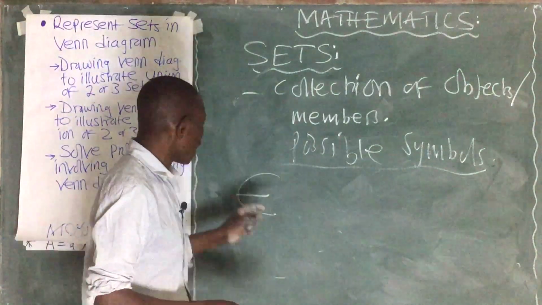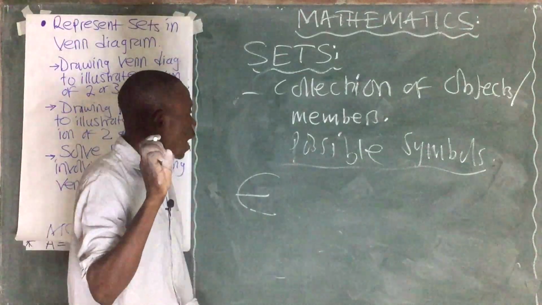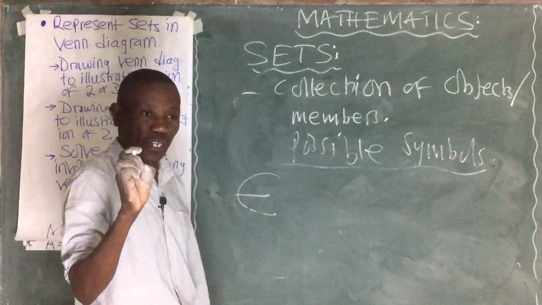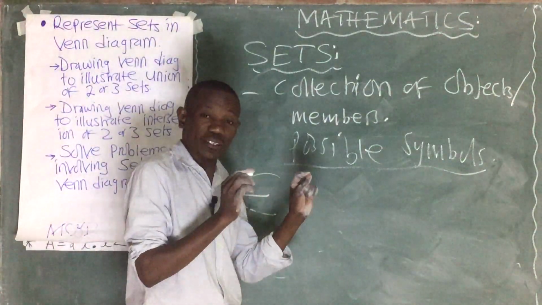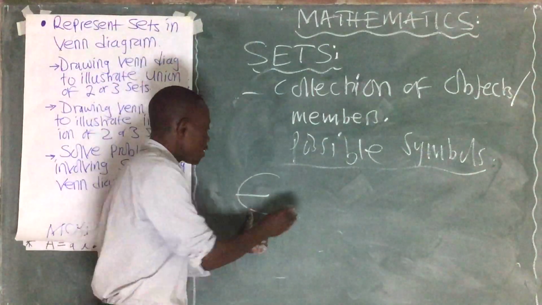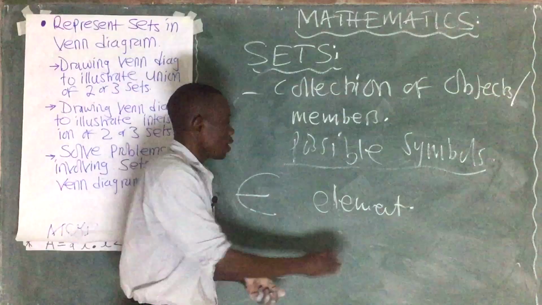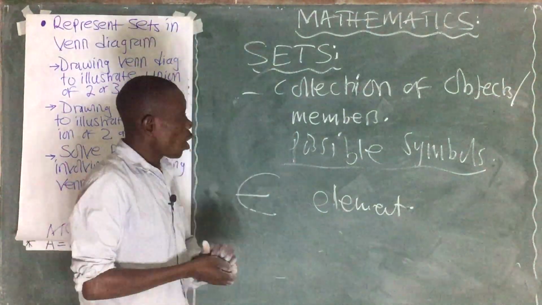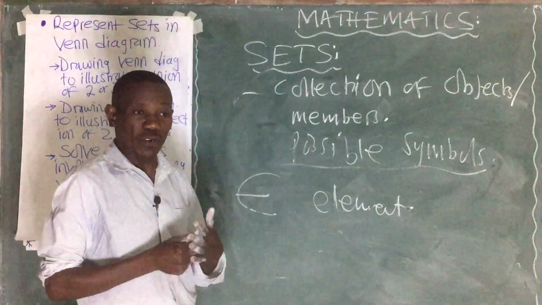So if I take a protractor from the mathematical instrument, it means that one is an object. That object is referred to as the element. So we talk of just the objects or members of a particular set. They are defined as what? Elements. Right. Elements are just objects or members of a particular set.